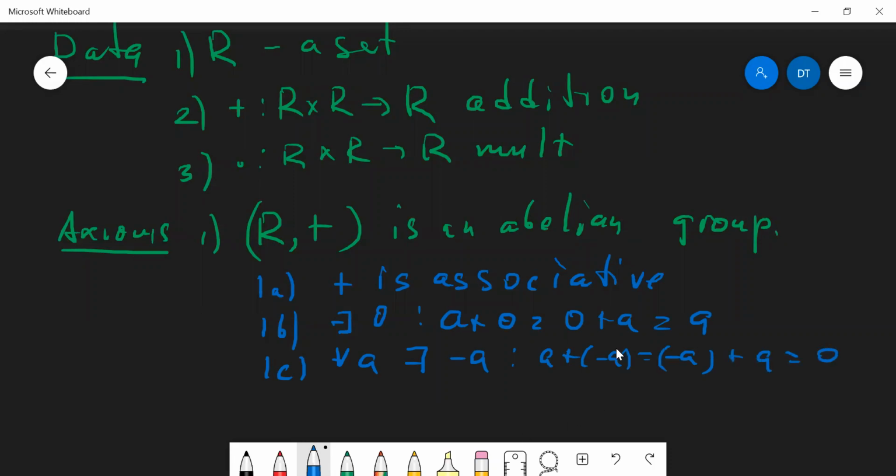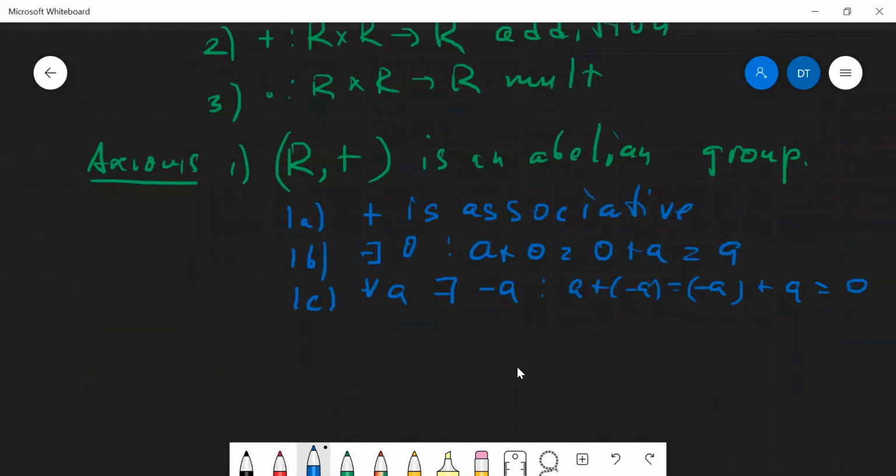So this is the inverse element with respect to addition.